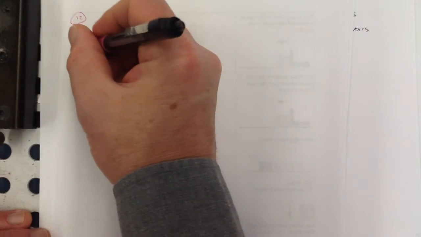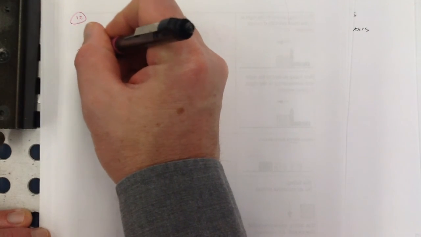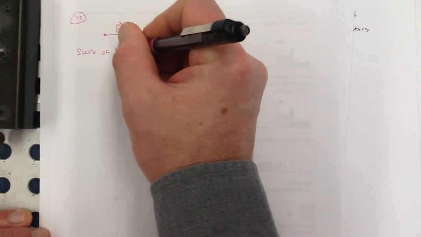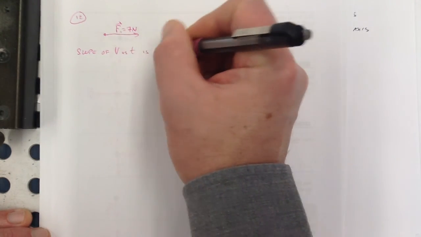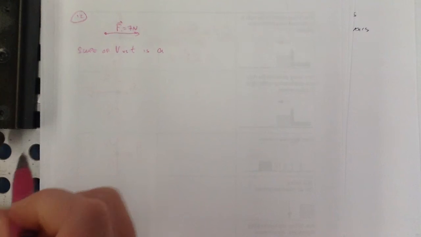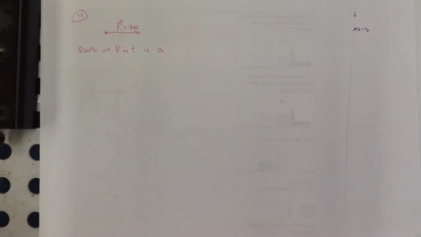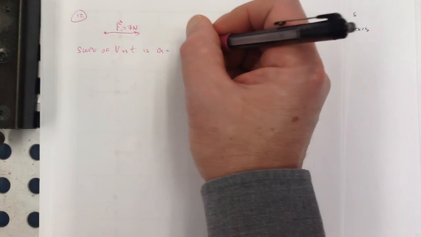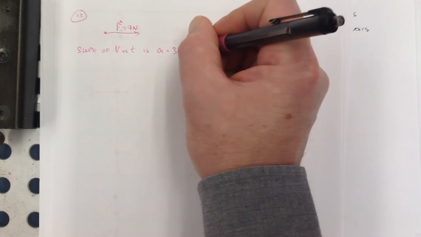So the slope of a v versus t is the acceleration. So it looks like the slope of this is, let's see, looks like it has a rise. I'm looking at the whole graph, it goes from -4 up to 5. That's 9 over 3. So it looks like the acceleration is 3 meters per second squared.